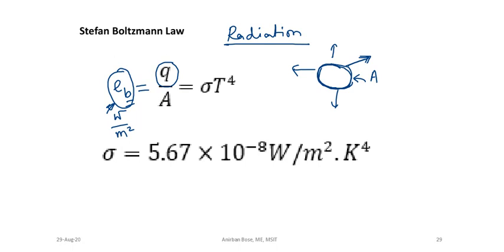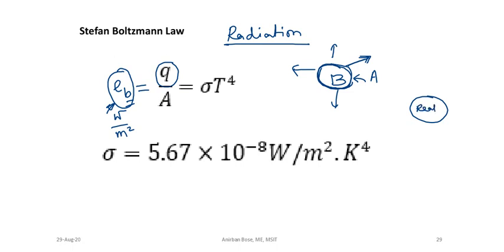Other bodies which are non-black, the amount of emission will be less than that of a black body. Suppose this one is a black body and this one is a non-black or real body.